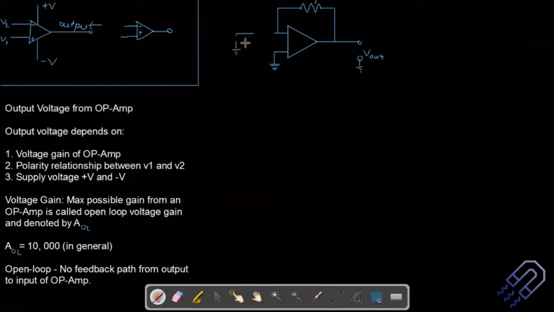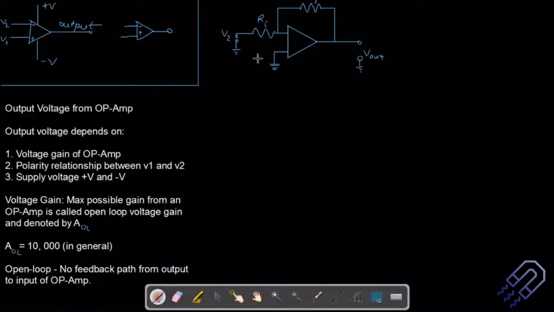F basically stands for feedback. Then we have an input resistance Ri, and the voltage V2. This is V2 because this is the inverting terminal, and the non-inverting terminal I usually represent by V1. You can refer to this figure.